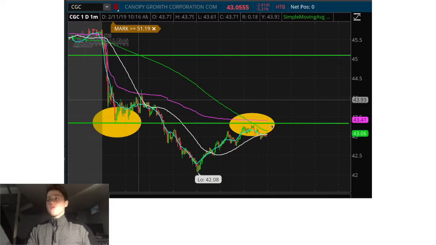I was actually risking the 43.35 area. So I was risking exactly 35 cents for a potential 50 to 60 cent profit. That was in favor of reward, and based on the chart it made sense, right?